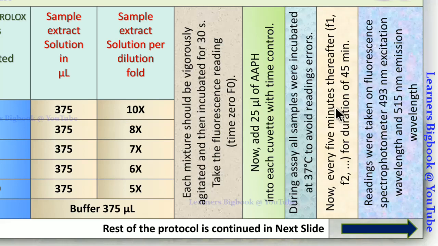After taking the readings, you again add 25 microliters of AAPH, and wait till another 5 minutes has passed. At F10, that is 10 minutes, you take the reading again, and add again 25 microliters of AAPH to all cuvettes.